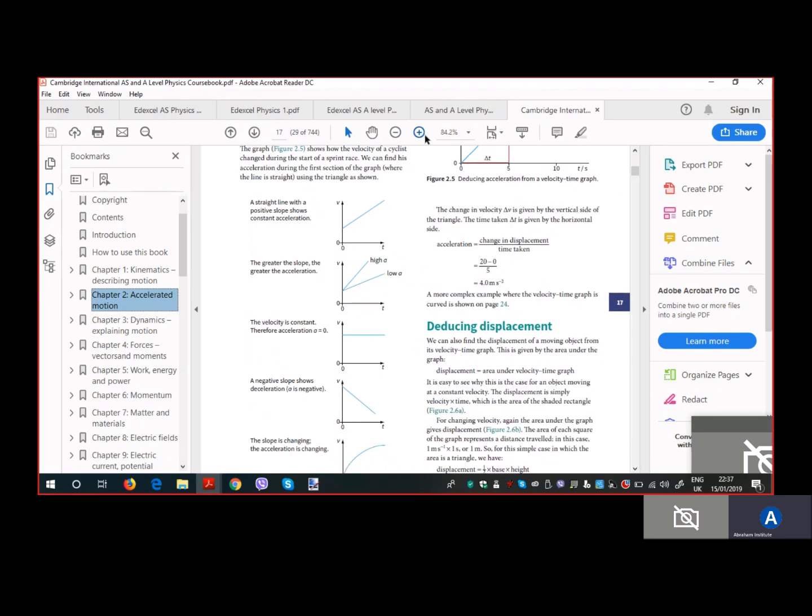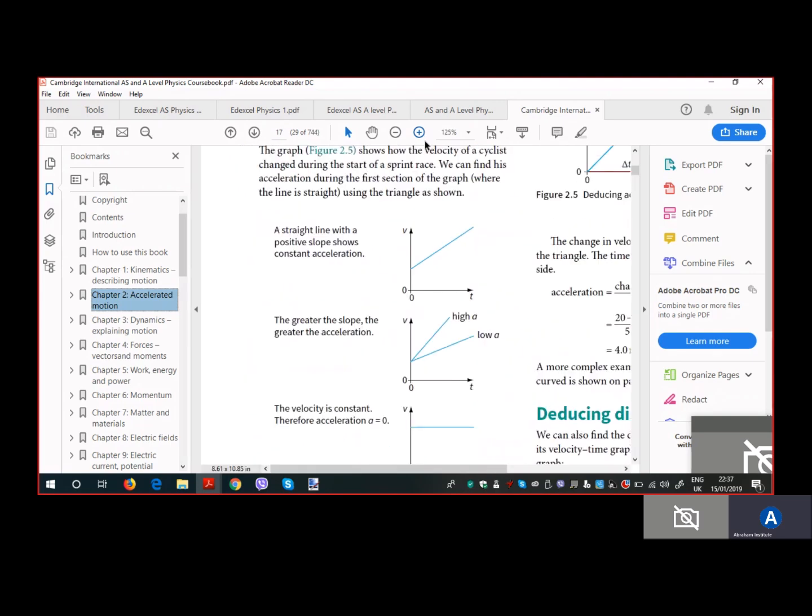Then what are you supposed to do? So it's a velocity time graph. Now what can you get from a velocity time graph? After you see the axes, you think, what is the gradient, what is the area under it? So what is the gradient of a velocity time graph?